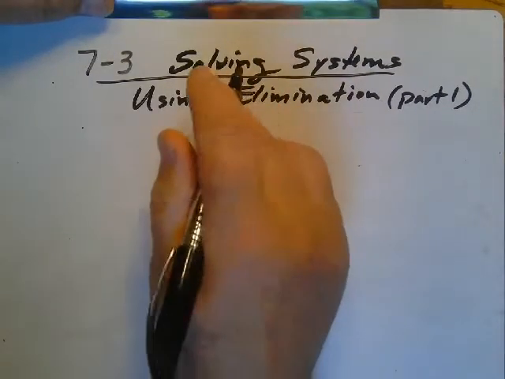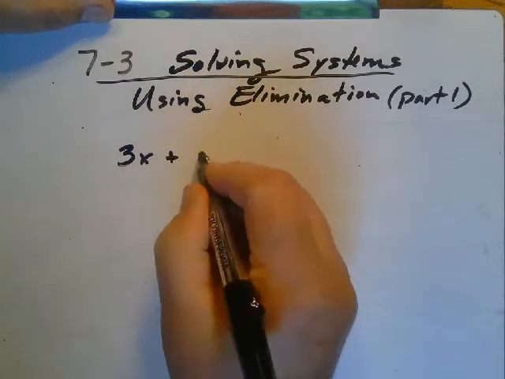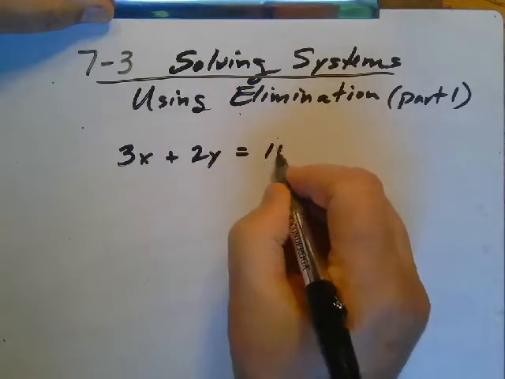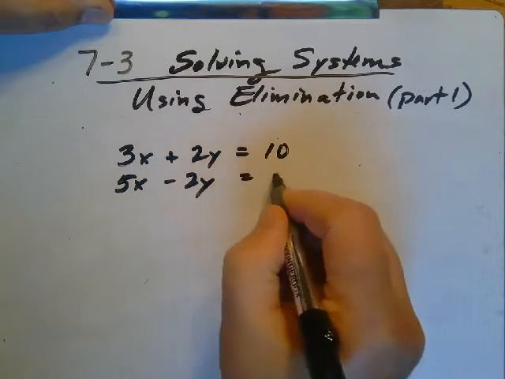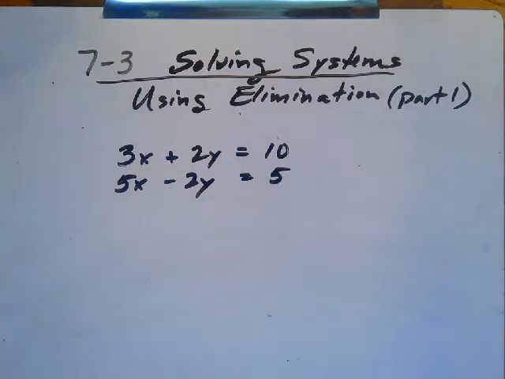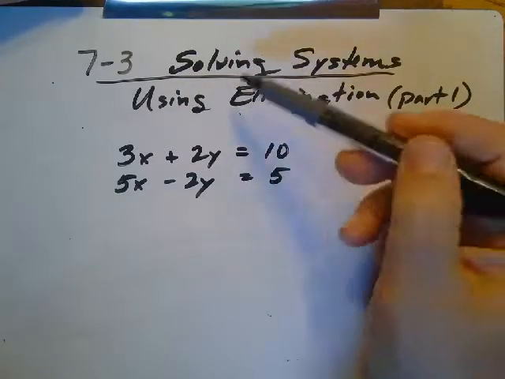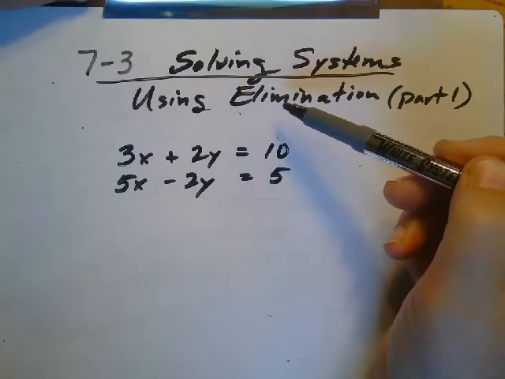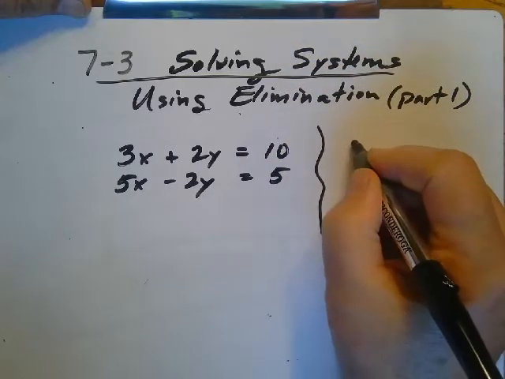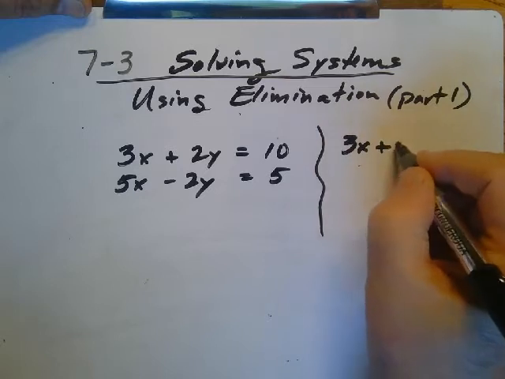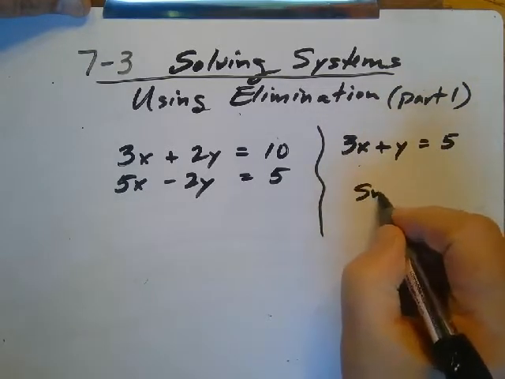Solving systems using elimination works out really good when the equations you're given are in standard form. Let me give you an example here. Here are two equations in standard form. I just made them up. And when they're in standard form, elimination tends to be a very good technique. Contrast that with an equation where one of the variables is almost alone, which is a better choice for substitution.